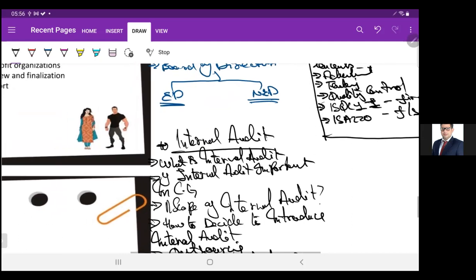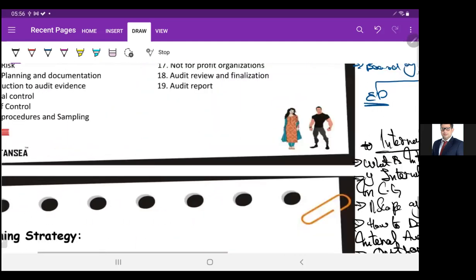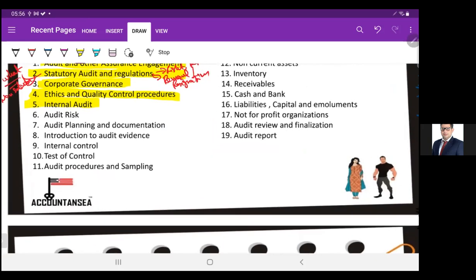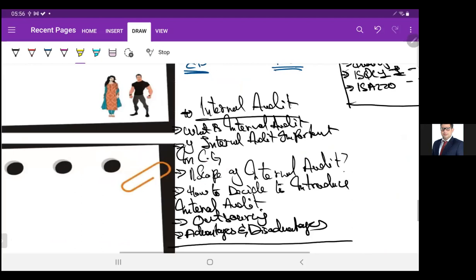The next chapter is audit risk. Now, what is an audit risk?